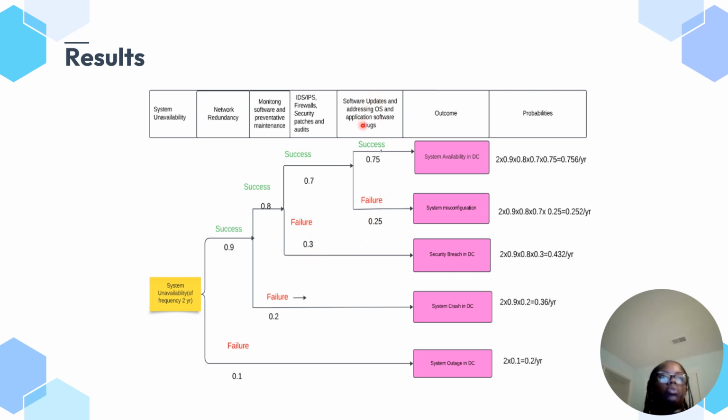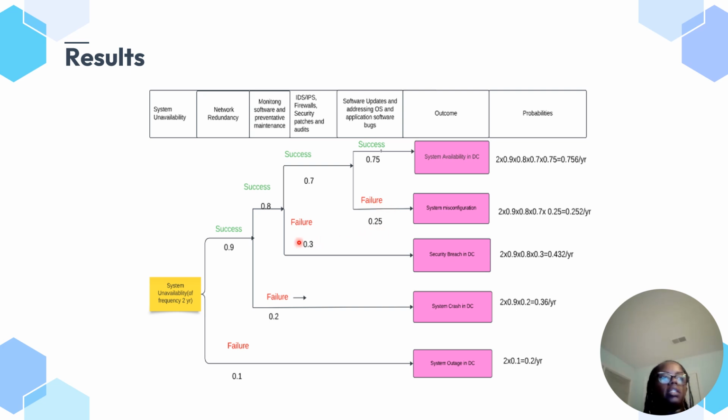Then being able to do software updates, addressing operating systems and applications, software bugs. The success was found to be 0.75 and the failure to be 0.25.